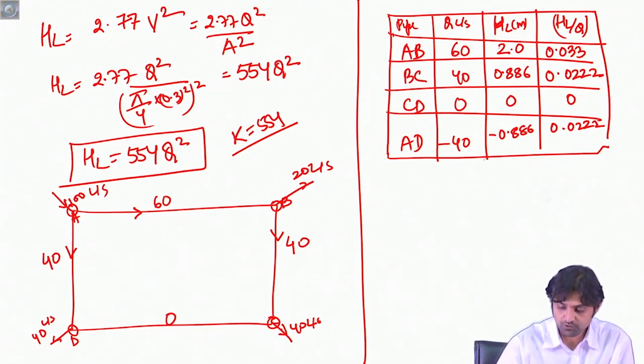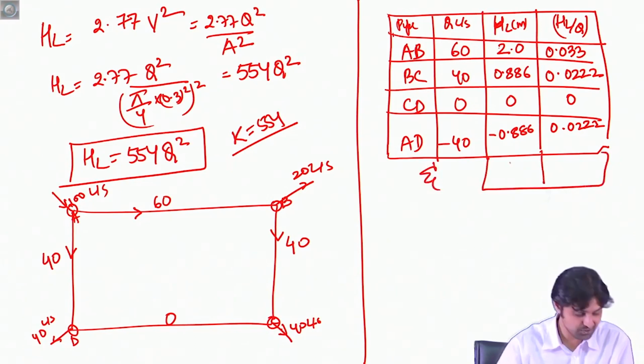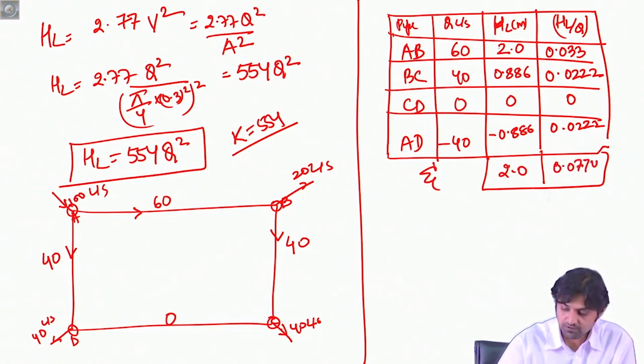Fine. So we have to find the summation of only these two quantities. If you sum this, you will find HL is 2.0 and HL by Q is coming to be 0.0774.